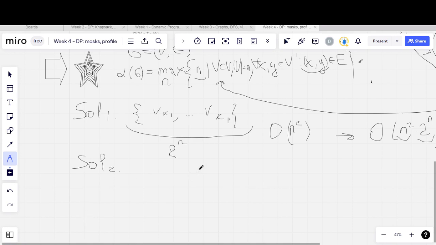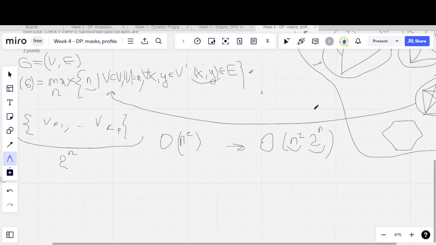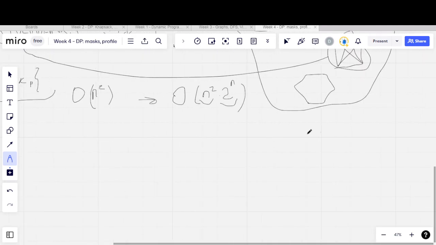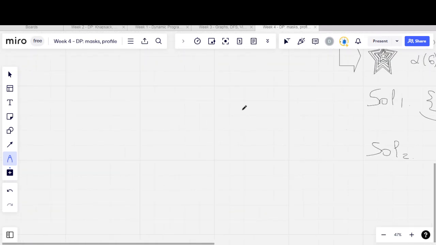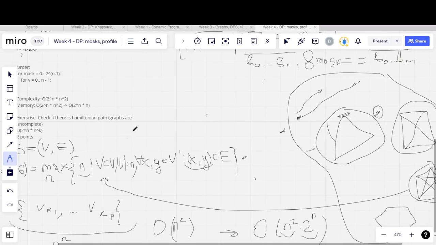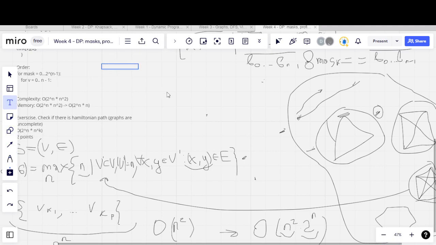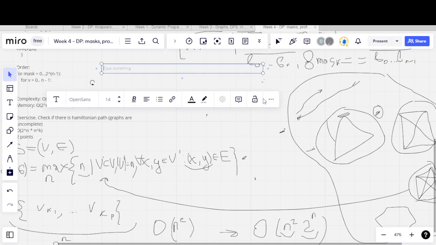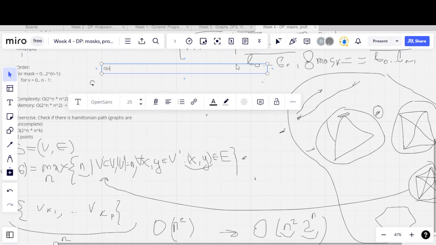So the next solutions. I suggest several solutions, and first of all we have O(n squared) multiplied by 2 to the power of n complexity.